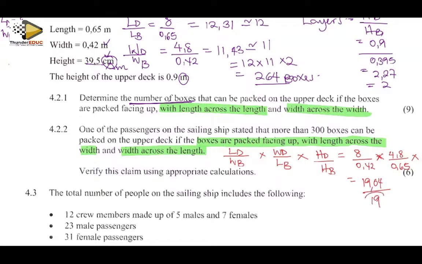These are 19 boxes. Then here we are looking at 7.38, which is 7 boxes, and the layers will be 2. So multiply 19 times 7 times 2, which is 266 boxes. And the claim is what? The claim is invalid.